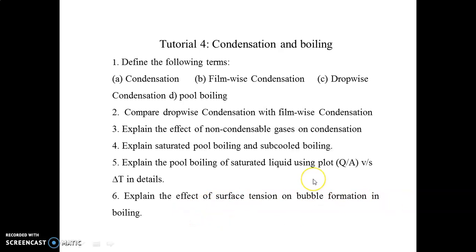So we have those diagrams, that is when the surface tension is higher, then how the bubble is formed, when the surface tension is intermediate and when the surface tension is low. We have already discussed this answer in the discussion of this lecture. So complete this assignment in time and submit in Google Classroom.